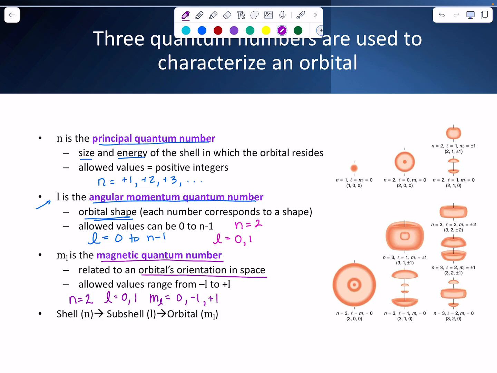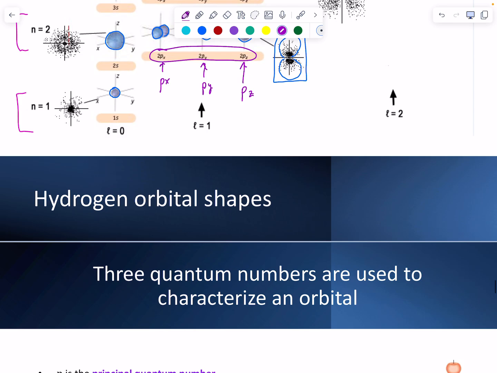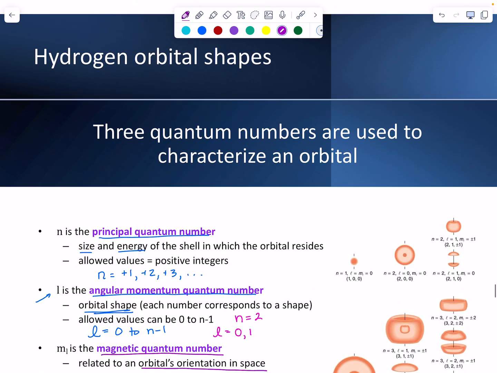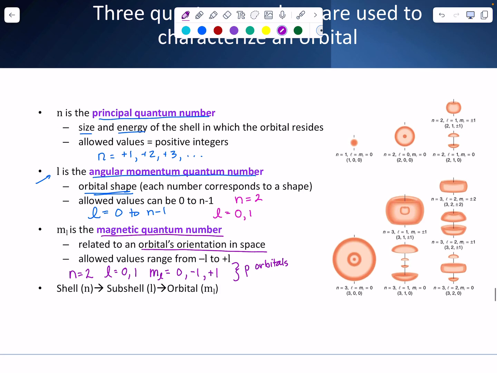How many numbers did I write there? 3, right? And we looked at the p orbitals, and we've got a px, a py, and a pz, right? So these 3 numbers right here correspond to our px, py, and pz.